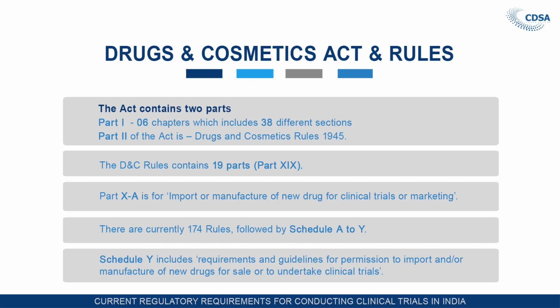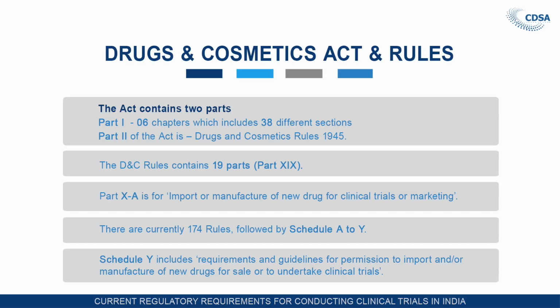At present there are 174 rules followed by schedules, and these schedules are from A to Schedule Y. We have seen in our previous lecture that Schedule Y is for requirements and guidelines for permission to import and or manufacture new drug for sale or to undertake clinical trials. All these clinical trials, new drug, manufacture, import, the definitions, we have already seen in our previous slides. So coming to the next slide.